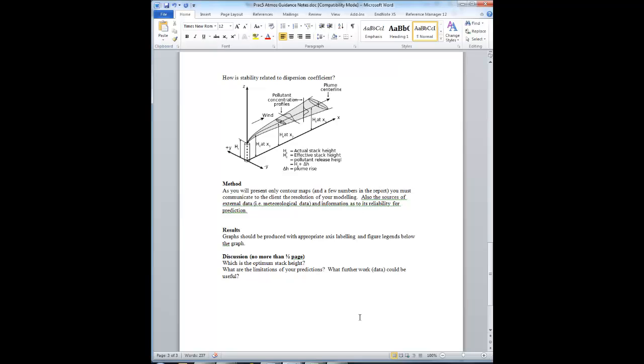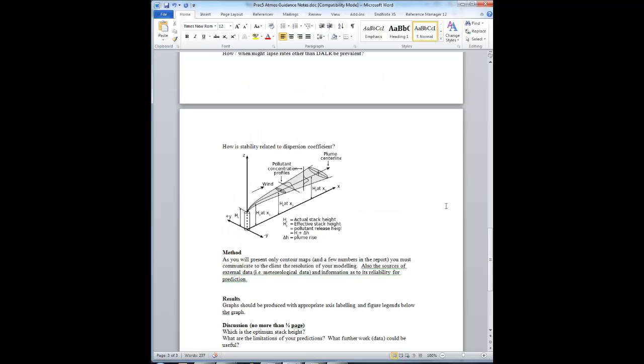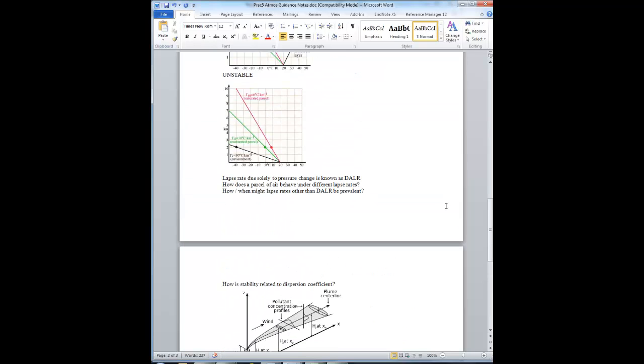As well as splitting the stability into 6 different classes, there's a range of other meteorological variables that have been observed to be associated with each of those stability classes. The ones that are particularly relevant to you are the wind speed, so there are particular wind speeds that are often associated with each stability category, and also the amount of sunlight. So that's sufficient information for you to justify your argument.